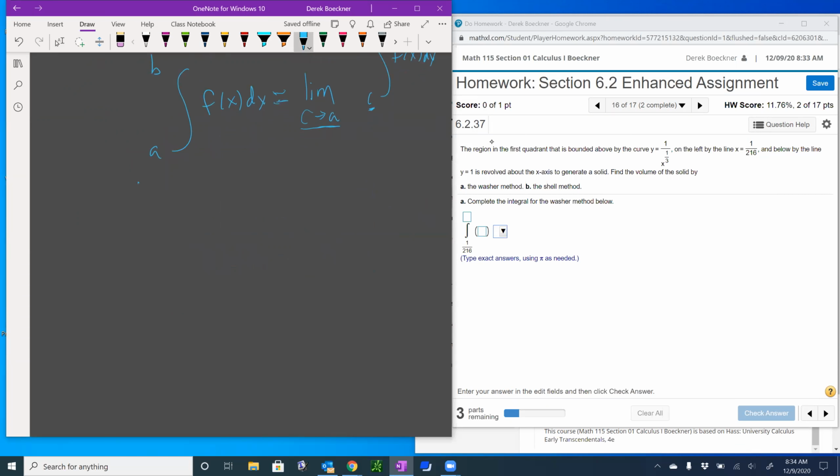So on this one, the curve looks like this, line x equals. And it's bounded below by the line y equals 1.